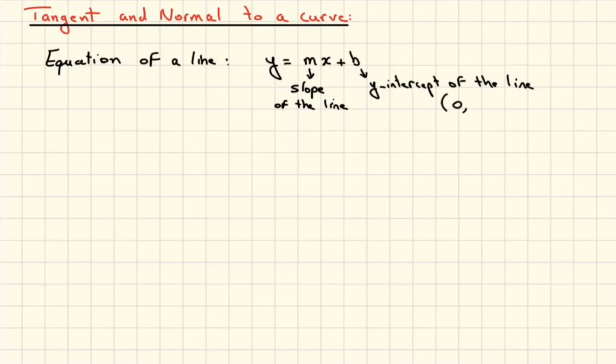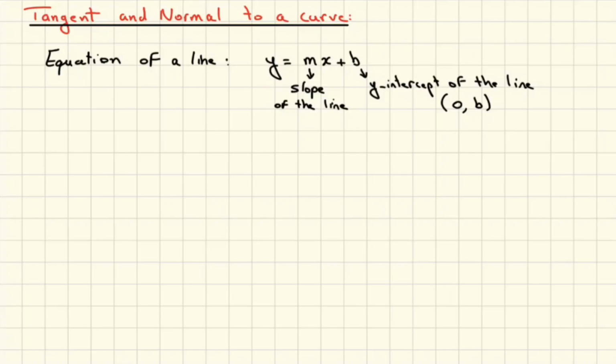In other words, when I say point of intersection of the line with the y-axis, it means the x-coordinate of the point is 0, and the y-coordinate in this case is b. So whenever we see a point in the form (0, b), we can call it directly a y-intercept, and the b value is equal to the y-coordinate of the point.